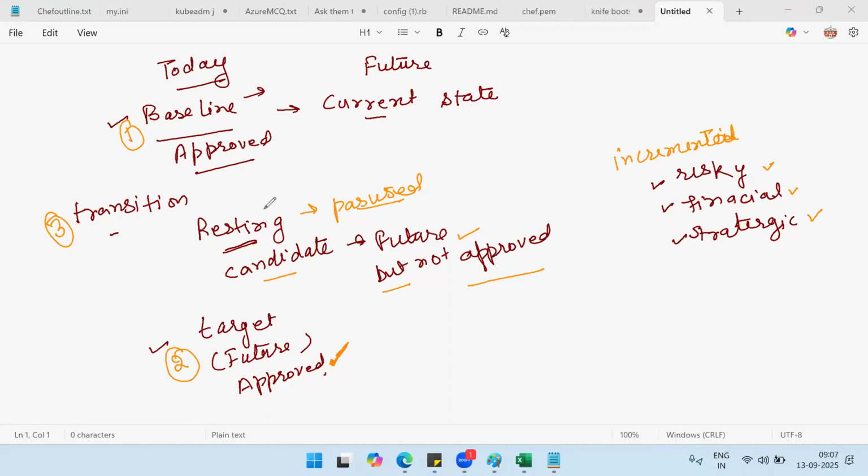For example, if we are talking about shifting from a legacy CRM to Dynamics 365, it's a huge project, and instead of going with a big bang delivery approach, we deliver it in a transition or phased approach. So do we only need it in that case?